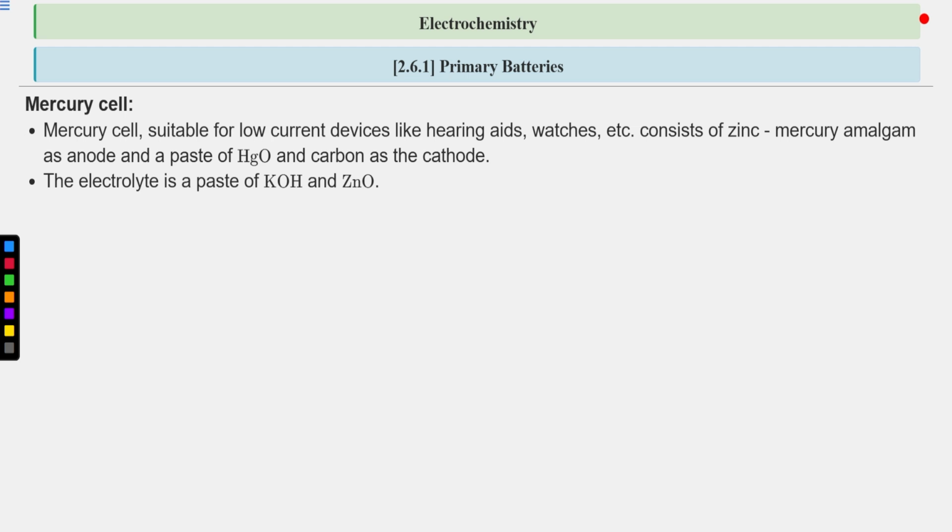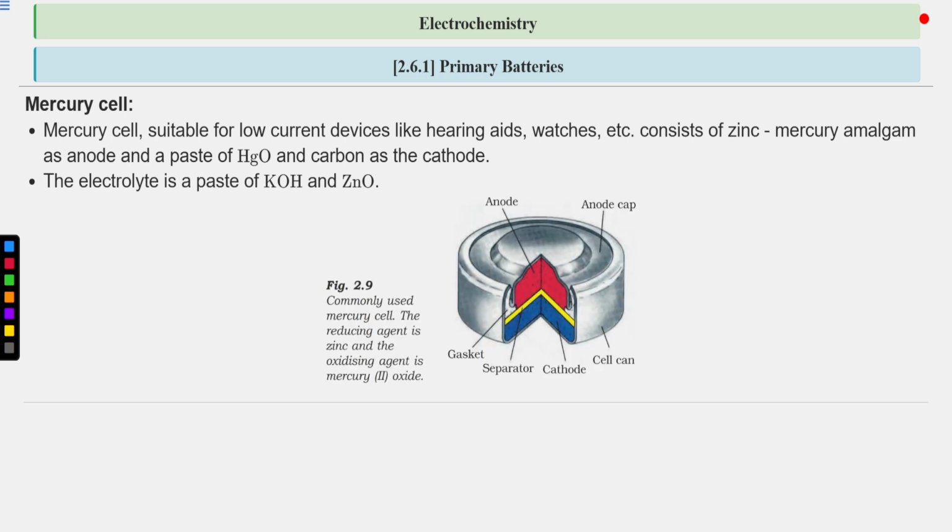Here in the mercury cell, the electrolyte is a paste of potassium hydroxide and zinc oxide. This is the figure, marked as figure 2.9, for the mercury cell.